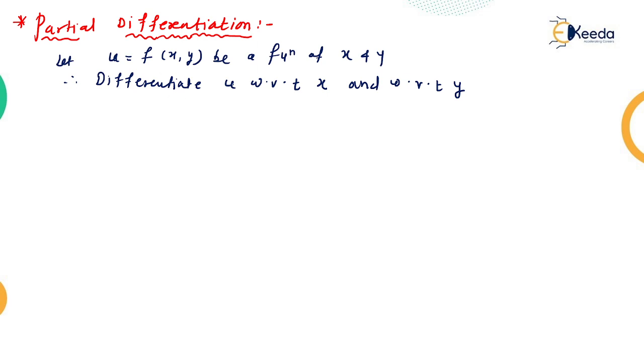If u is a function of two variables, then we have to differentiate u with respect to x and with respect to y also. So how do we take the differentiation of u with respect to x?